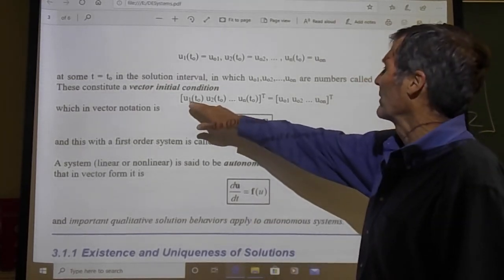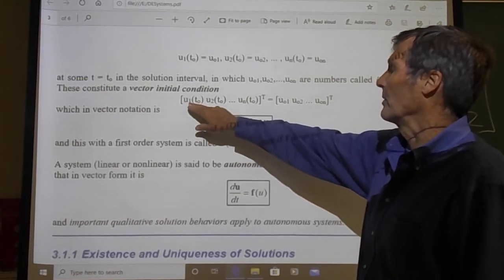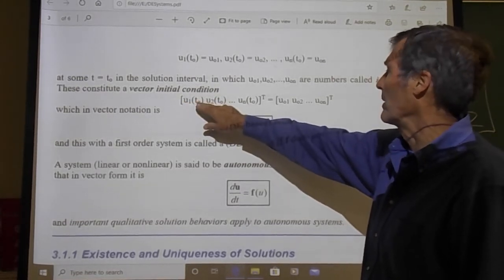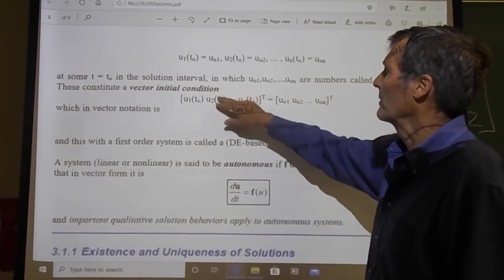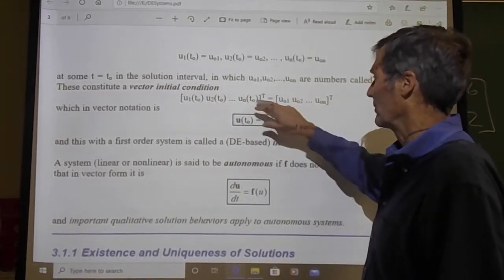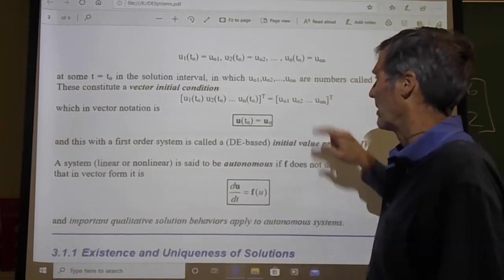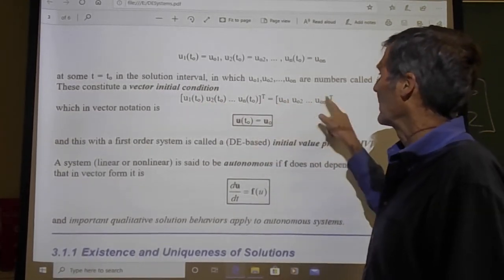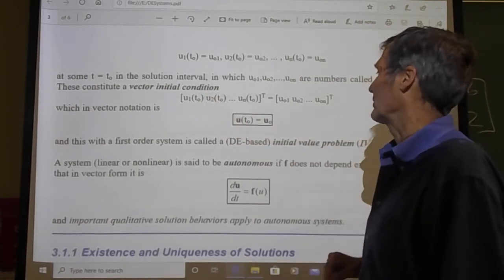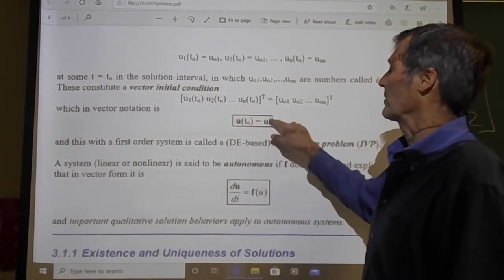If you have that, the first function you're looking for, u1 evaluated at some point t0 is some number u01. The second component at t0 is some number u02, all the way to the nth component, which is equal to some number u0n. So each of the unknown functions has a given number at the same value of t equals t0. We can write that in vector form like this, right?